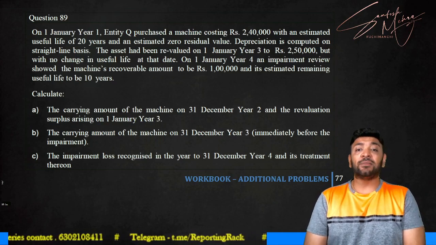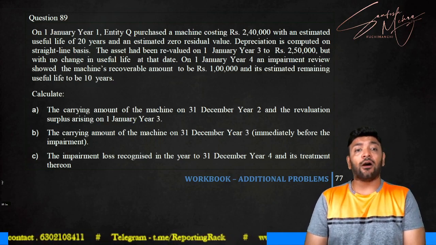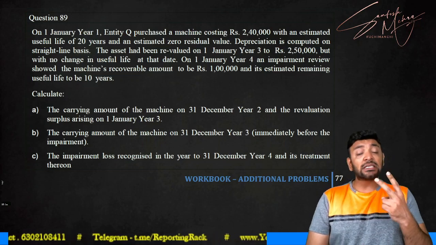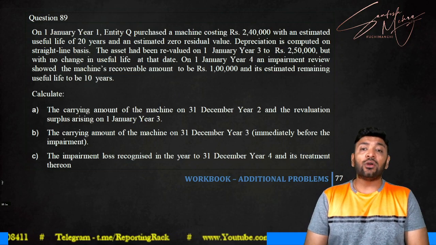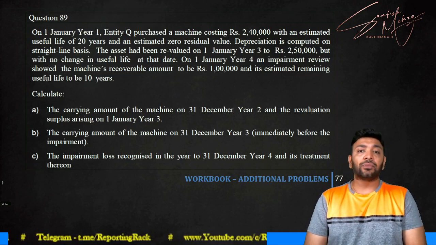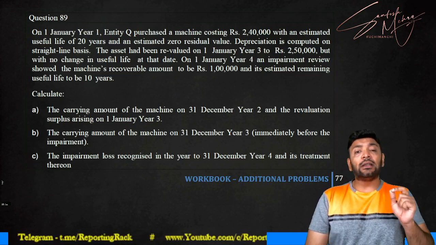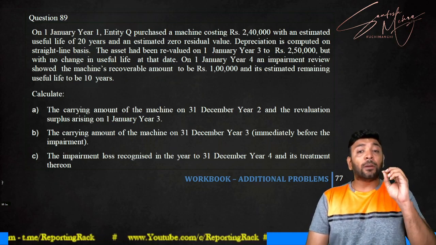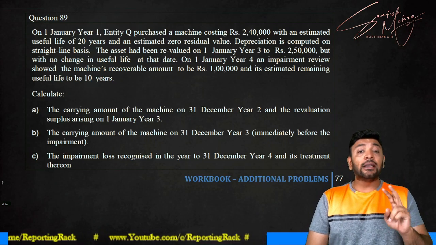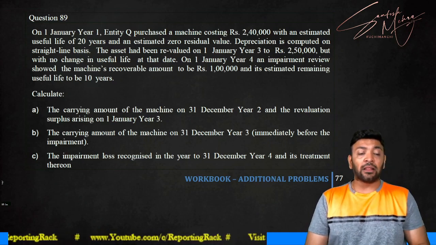The asset has been revalued on 1st January of year 3, 2 years after you have acquired the asset. Now the revalued amount is 2,50,000. Guys, if you depreciated the asset for 2 years up to the beginning of year 3, your depreciation is 2,000 rupees per annum.